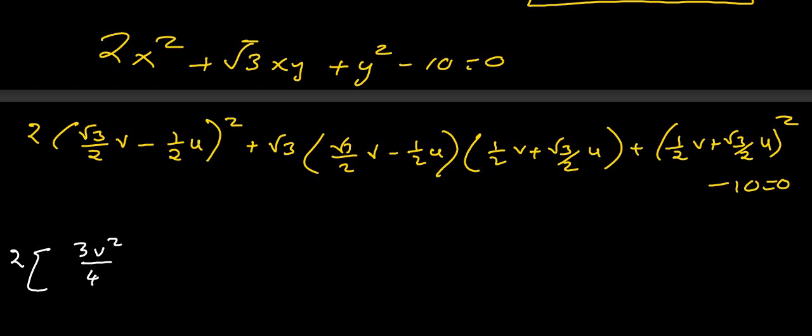Then this times that, times 2, gives me negative root 3 vu. Then multiplying this by itself, the last one is 1 over 4 u squared.